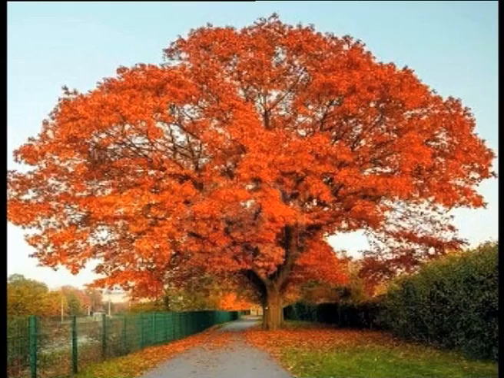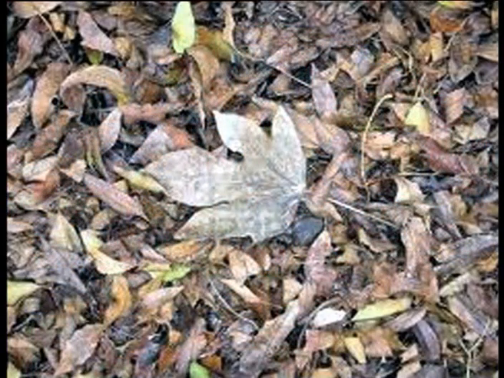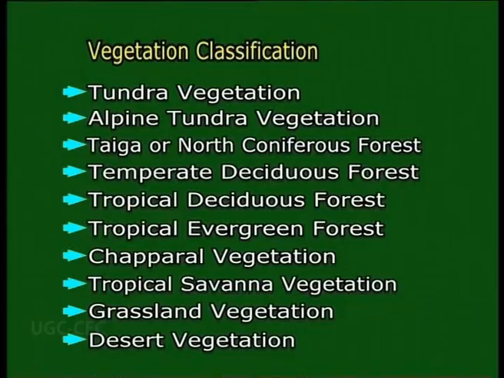Most trees shed their leaves during autumn and make the soil brown. A mixed coniferous broad-leaved forest occurs in Indian hills between 1500 meter to 3500 meter, where trees height can reach up to 30 to 40 meter.